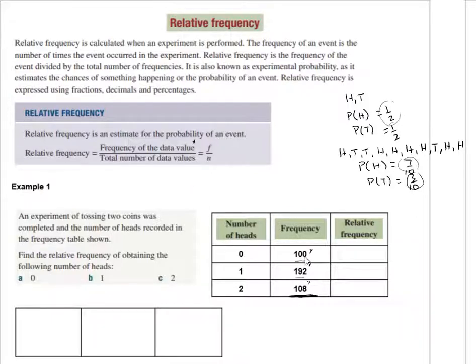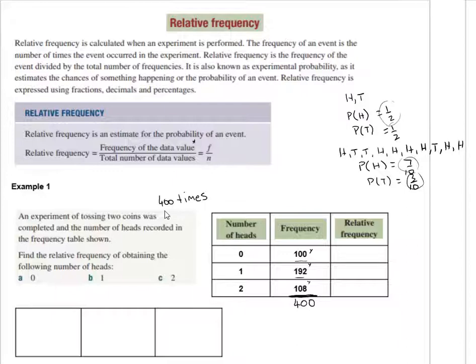So if we add these up quickly, we will get 200, 300, 400. Okay, so that basically tells us that we've tossed the 2 coins 400 times.